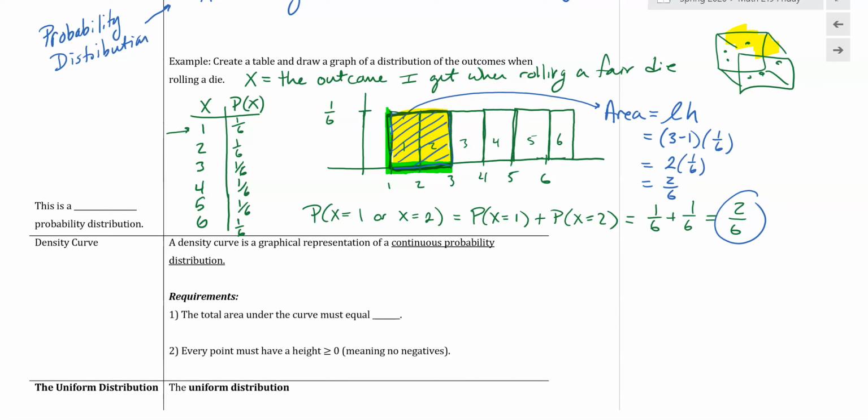So they use a lot of new terms here. A density curve is simply a graphical representation of a continuous probability distribution. Oh boy. So imagine the same sort of scenario that you're rolling a die, but suppose somehow we have a die that has infinitely many sides.